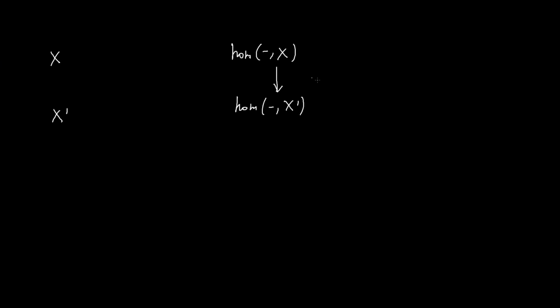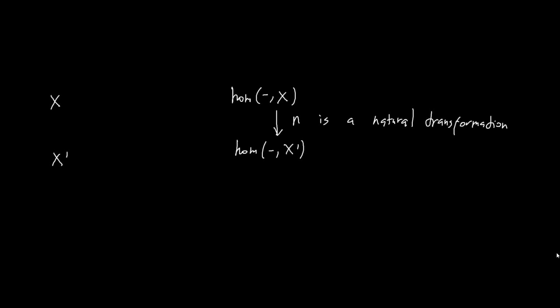So n is a natural transformation. All we know about n is that it's a natural transformation from there to there. It turns out that, okay, before I describe what it turns out, let me link this back to what we were doing before.